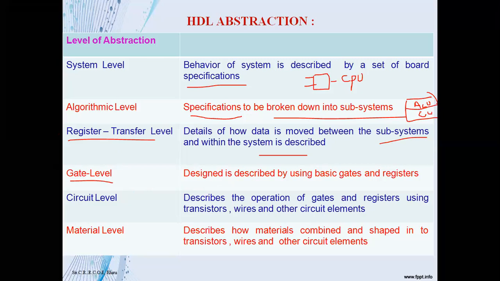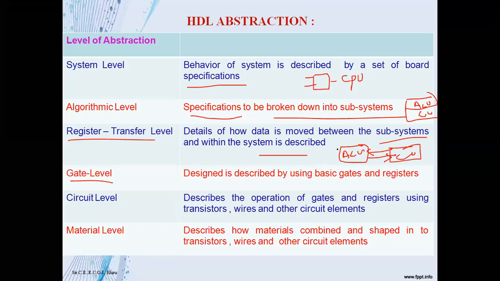So let's see an example of this register transfer level. Now we have the arithmetic logic unit and control unit. How will the data flow or be moved between the ALU and the control unit? Here we will have bidirectional signals, which means the control unit controls the arithmetic logic unit.